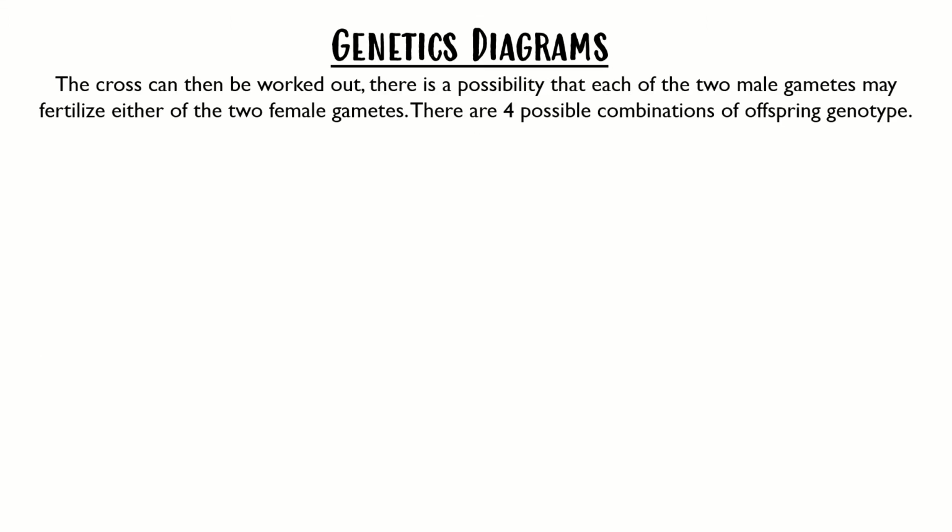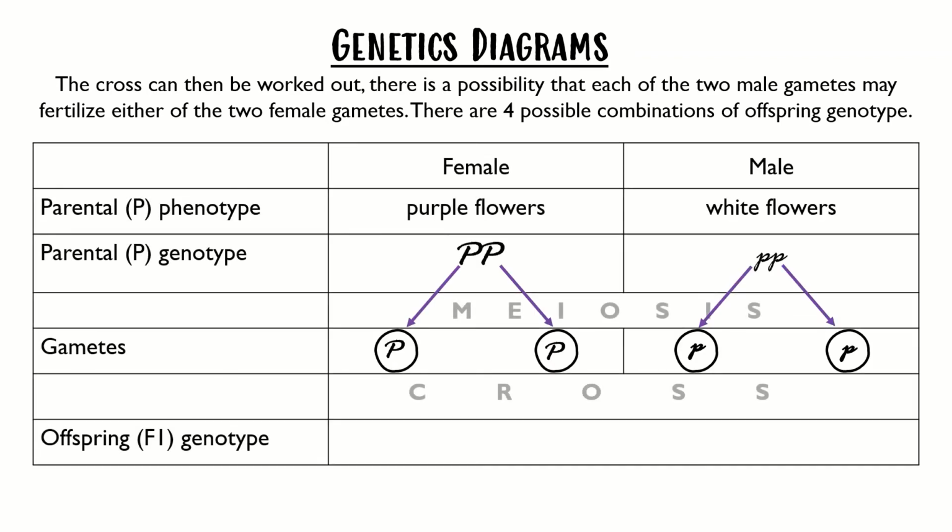So the cross can then be worked out. There's a possibility that each of the two male gametes may fertilize either of the two female gametes. So there are four possible combinations of the offspring genotype. If we look here, the first female gamete being fertilized by the first male gamete produces heterozygous offspring, capital P, small p.